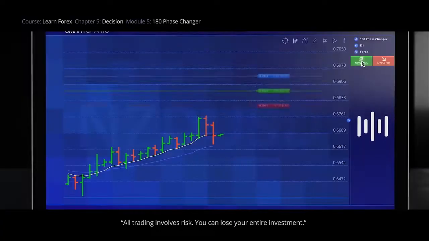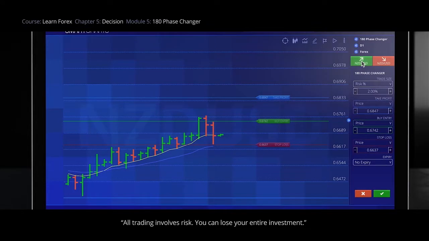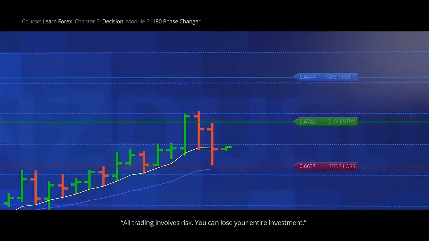Let's just jump back to that. The entry price would then be 1 pip above the high of the previous bar, with a stop loss 1 pip below the low of the previous bar, and with a target level of 1-to-1 reward to risk. These are the strategy defaults. Your order will be placed as a no expiry order.